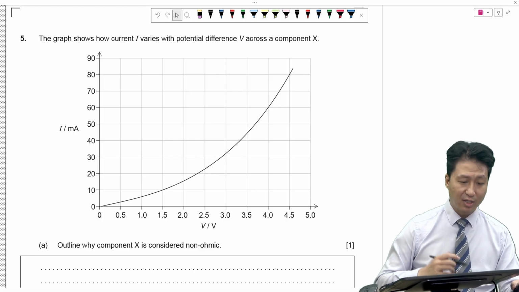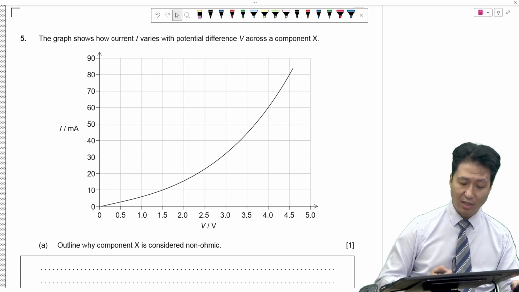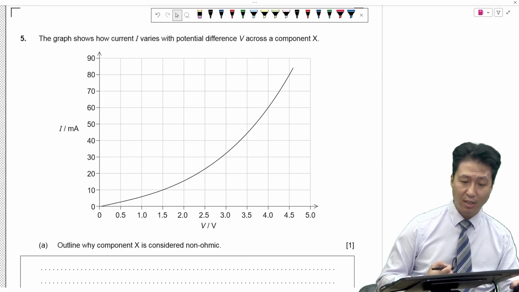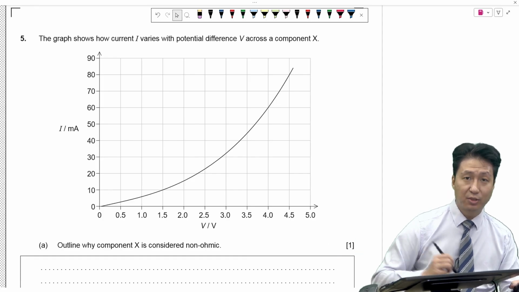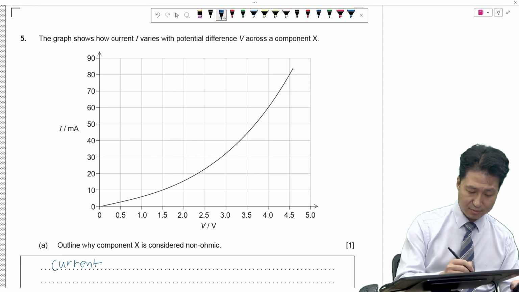Question number 5. The graph shows how current I varies with the potential difference V across component X. Outline why component X is considered non-ohmic. It's a one-point question, so it should be just one sentence, something very simple. Very simply, the current is not proportional to the voltage.